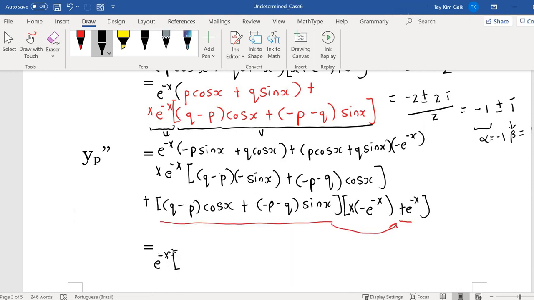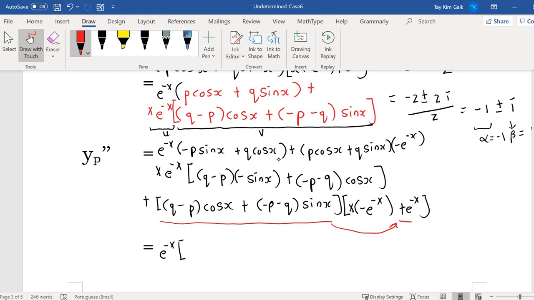First, collecting the exponent negative x terms. Here we got exponent negative x, here also exponent negative x. So for the exponent negative x term, I will arrange in cos x and sin x first.